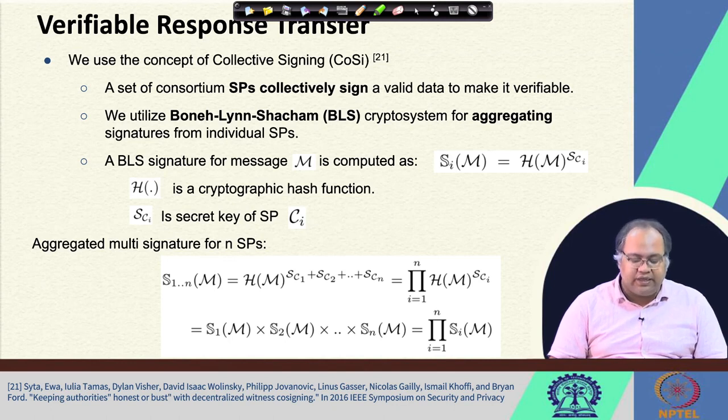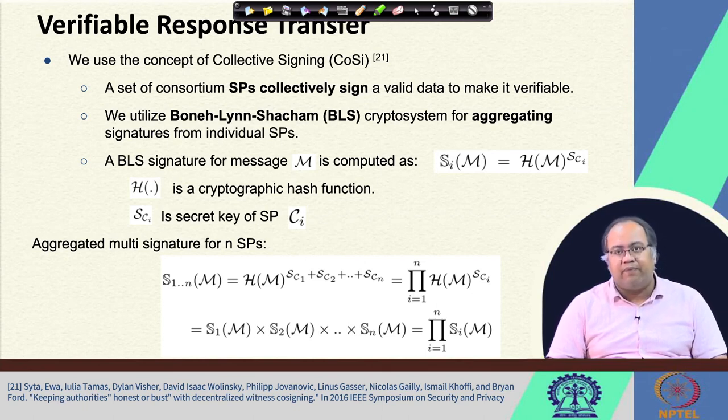Using that BLS signature, we compute a particular message digest and then find the signature of that message digest, where H is the cryptographic hash function and S_Ci is the secret key of the service provider Ci. That way we compute the message and generate the aggregated multi-signature by combining the signatures of individual participants.